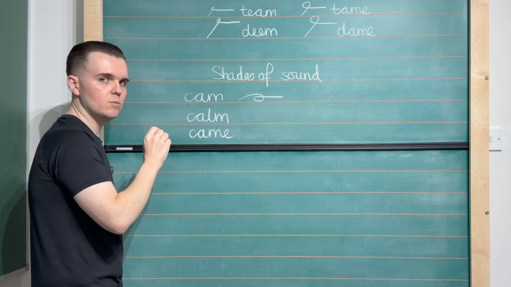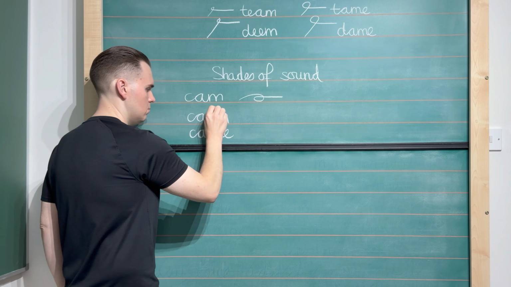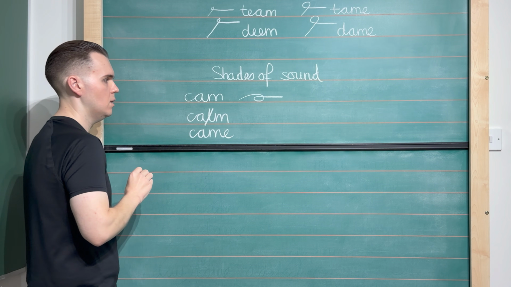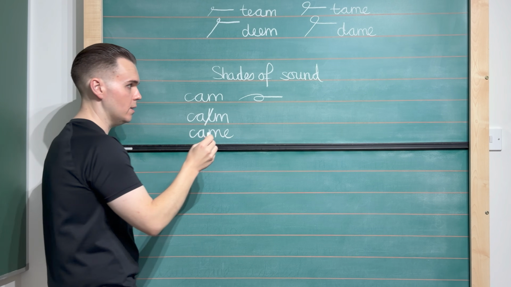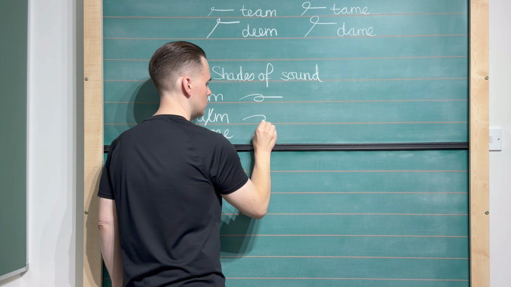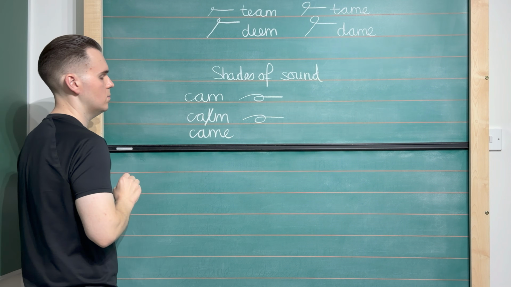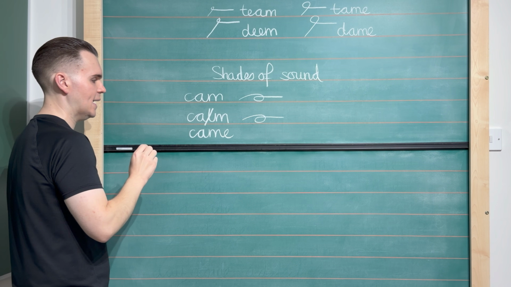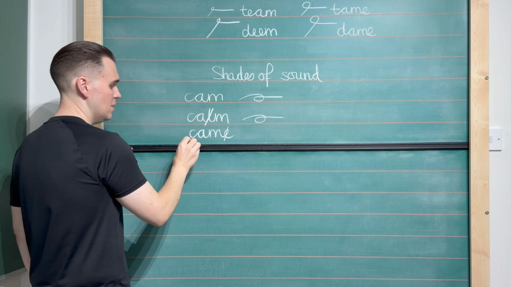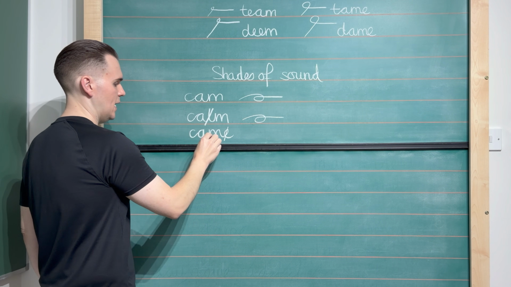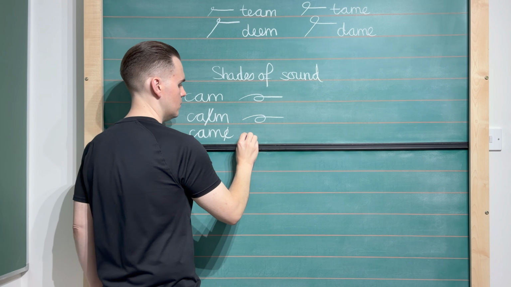Calm, we don't pronounce the L in calm, so that leaves us K-A-M as well. And came, well, we don't pronounce E, so that leaves us K-A-M as well.